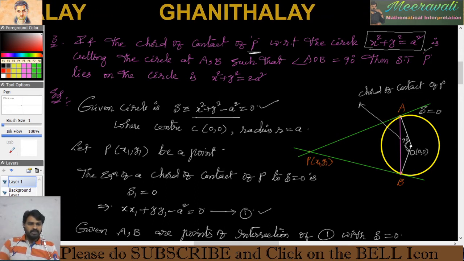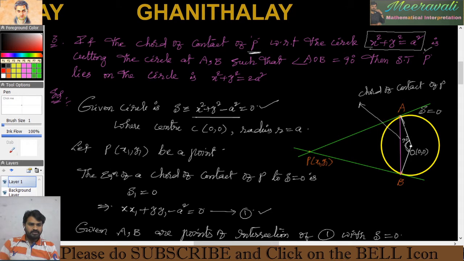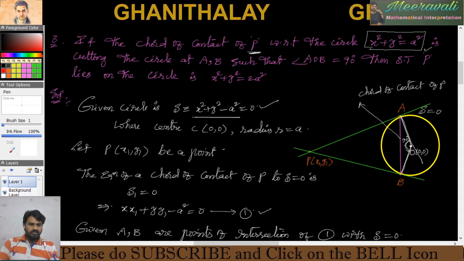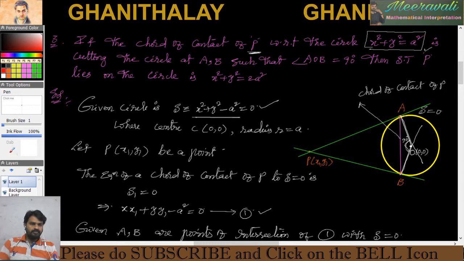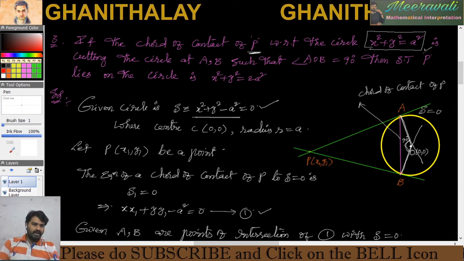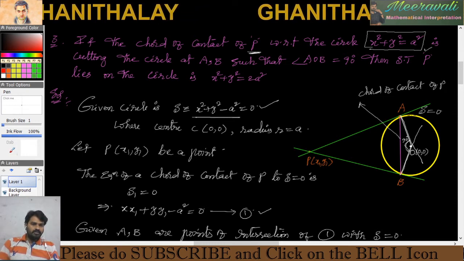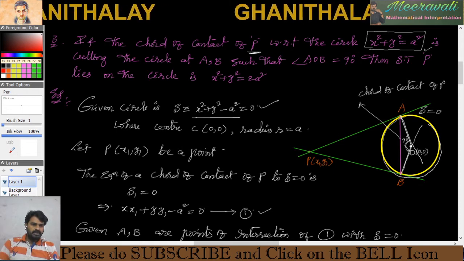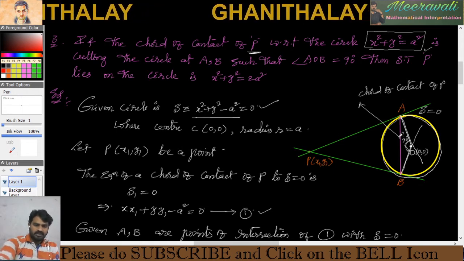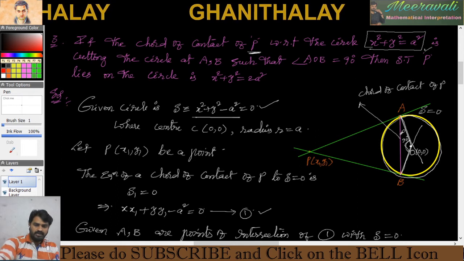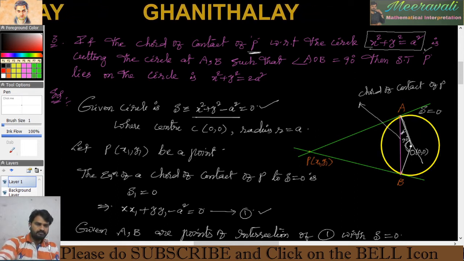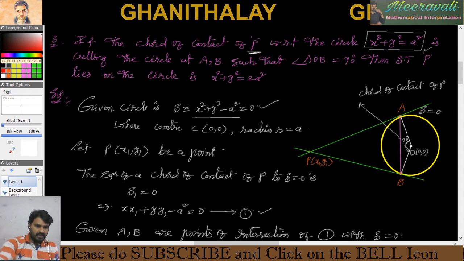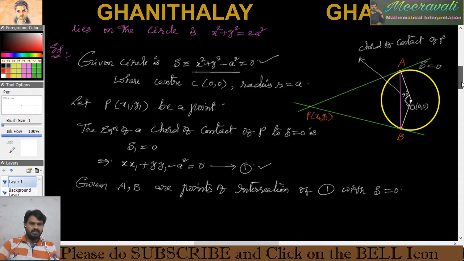You will get a pair of straight lines OA and OB. So we need to find the equation of the pair of lines OA and OB by taking the equation of the circle, using the homogenization method with the line AB and the curve.